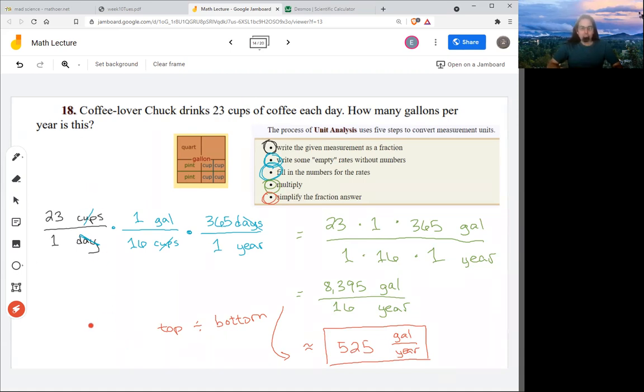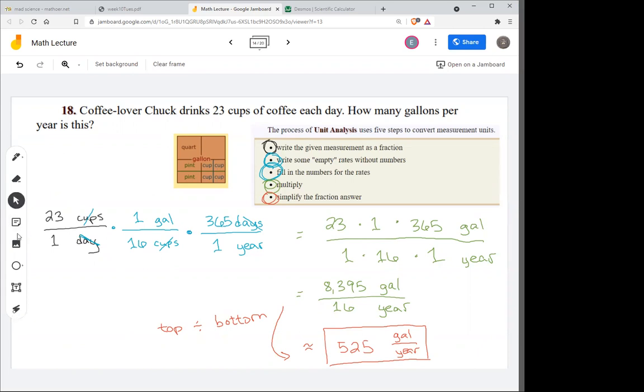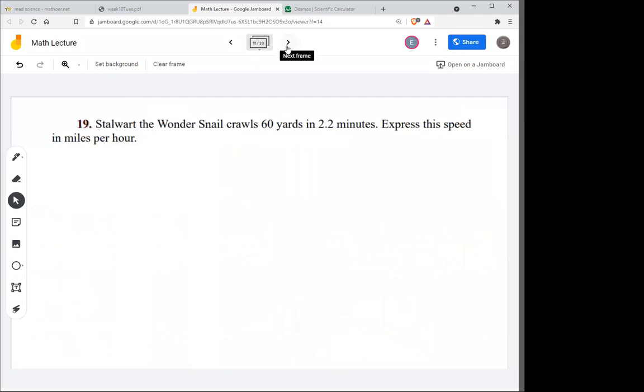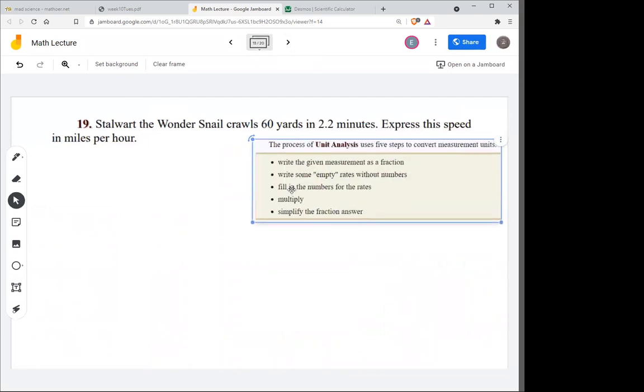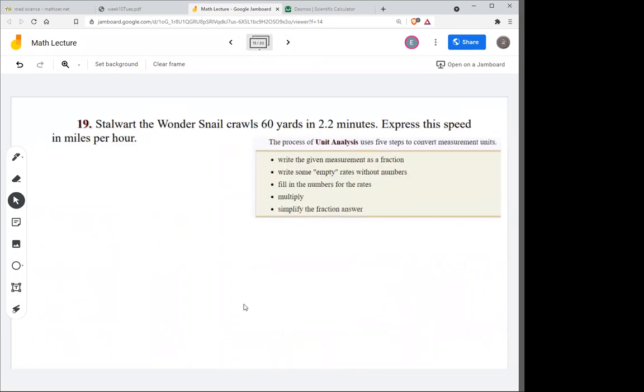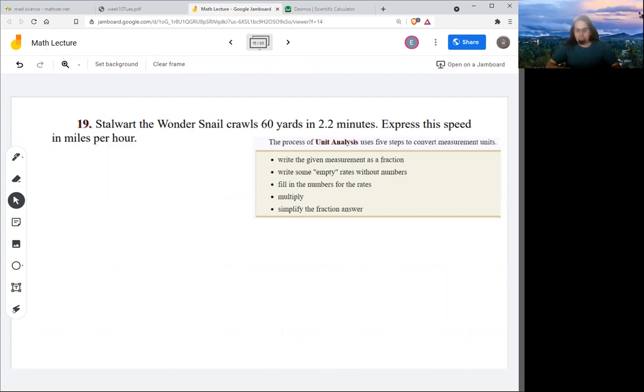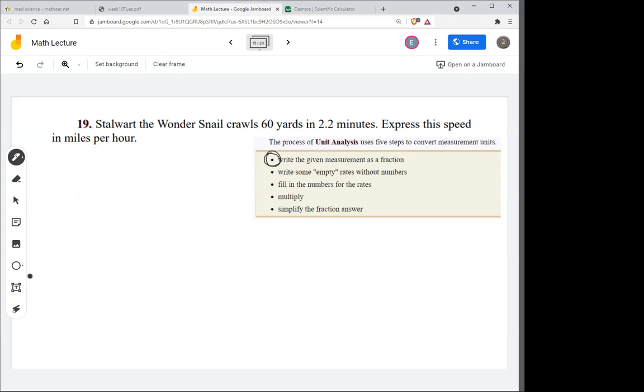Questions on that one? No. So your turn for this one, all positive. Okay, where did we start with this one? 60 yards over 2.2 minutes.